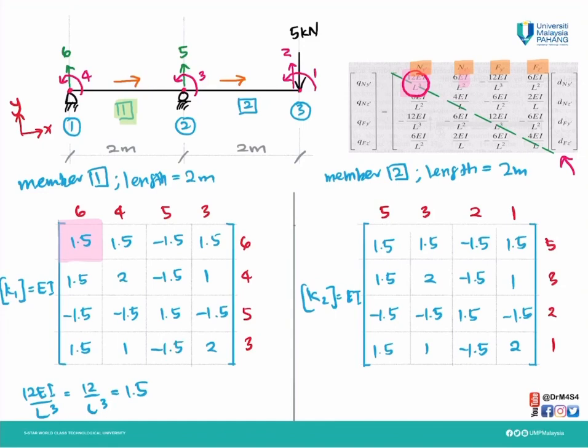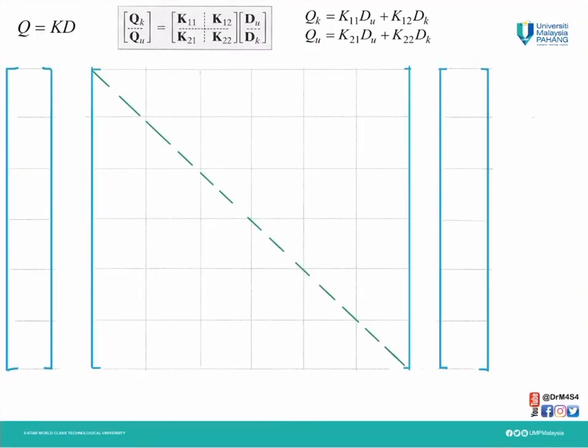Once we are done with our member stiffness matrices, we can assemble the structure stiffness matrix. For the numbering of our matrix, we know we have 3 nodes, so the numbering starts from 1, 2, 3, 4, 5, 6.